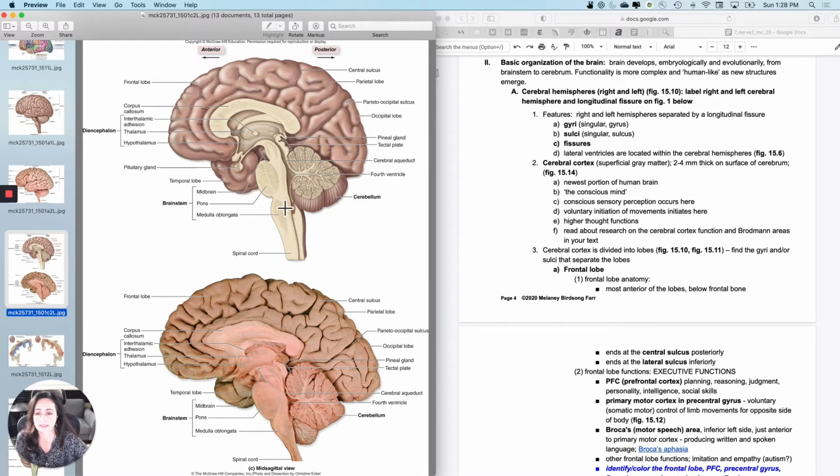These brainstem functionalities will be more life-sustaining functionalities that you would have in common with a fish, like regulating heart rate or regulating respiration. And then as you move in, these functions right here would be more like regulating homeostasis and sex drive, not necessarily life-sustaining, but longevity of the species sustaining.